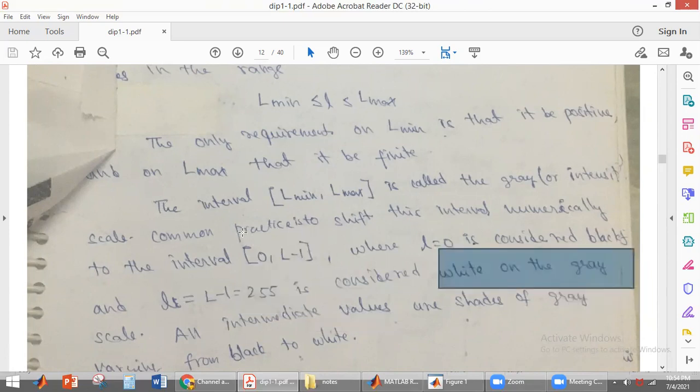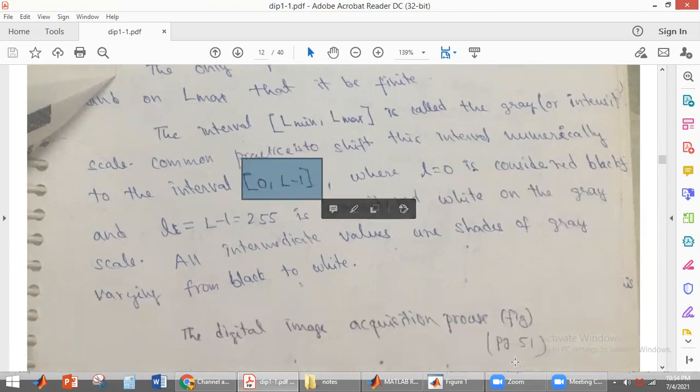All intermediate values from 1 to 254 give different shades of gray. So from black to white, we have different shades of gray values, denoted from 1 to 254.